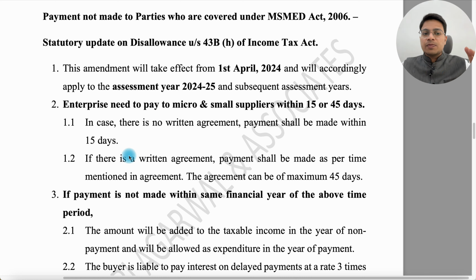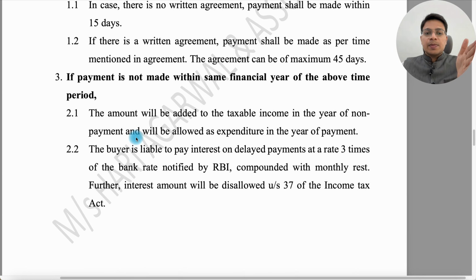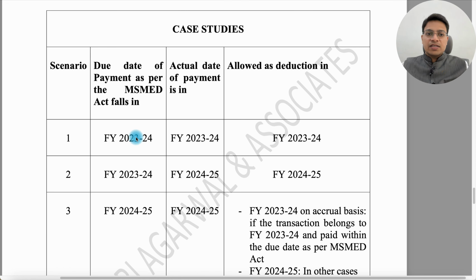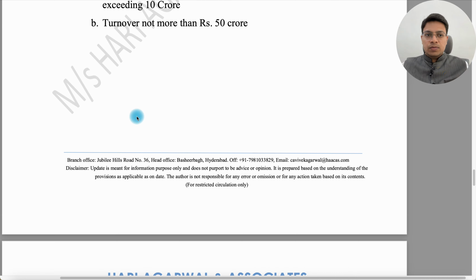What is the objective of this para? Second point, to identify the due date as per the MSMED Act. So as per the case studies that we have discussed, to identify this column, due date of payment as per the MSMED Act, we are discussing point number 2.